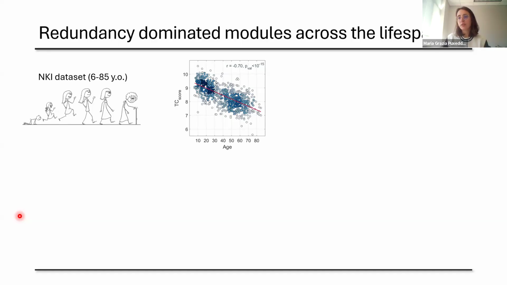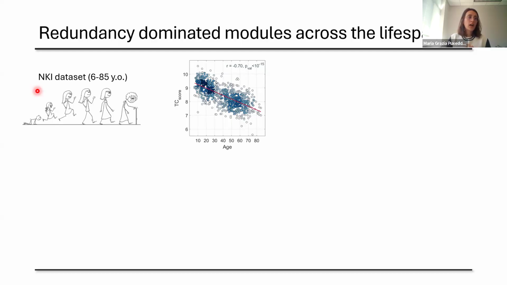We took functional connectivity networks from the NKI dataset, which comprises subjects between 6 and 85 years old. And for each one of these, we ran our algorithm to find redundancy-dominated modules, so redundancy-dominated modular structure.